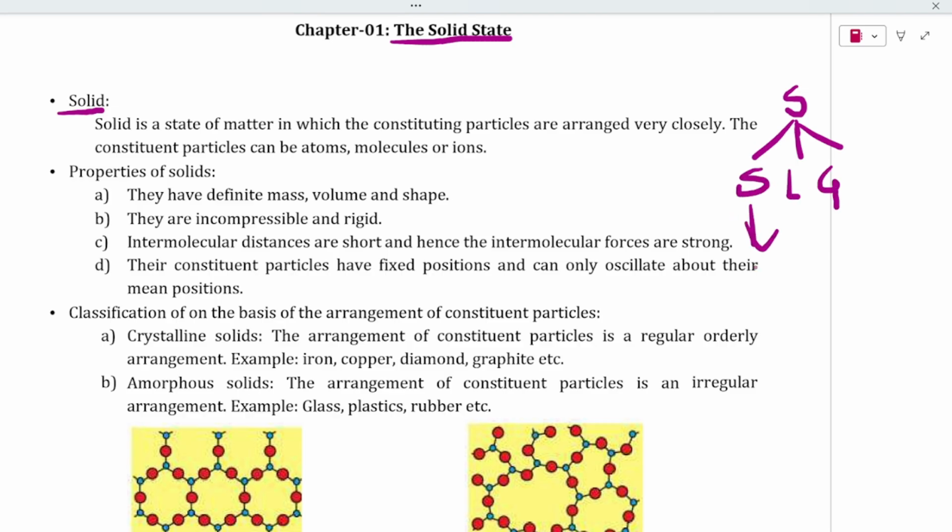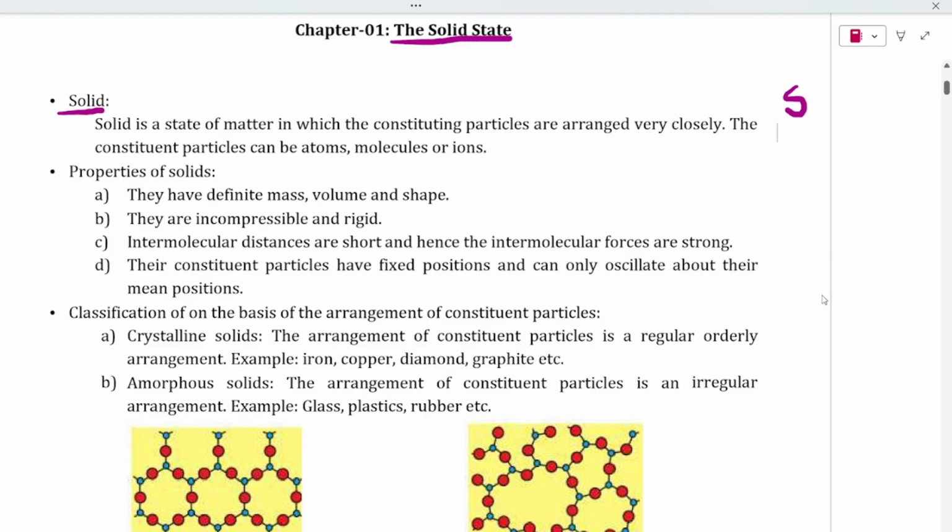If it is solid, it is tightly packed. That means no more gaps will be there between those particles. If you take liquid, it is freer than this. If you take gas, it is much freer than all three if you compare.